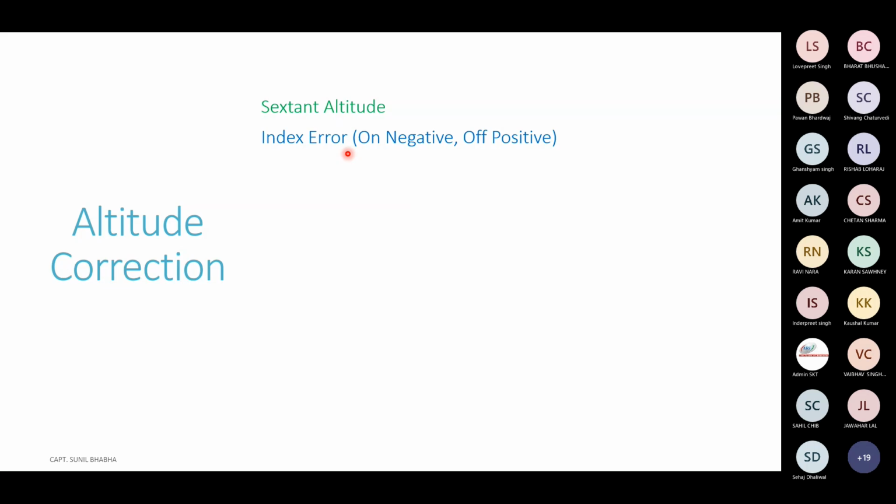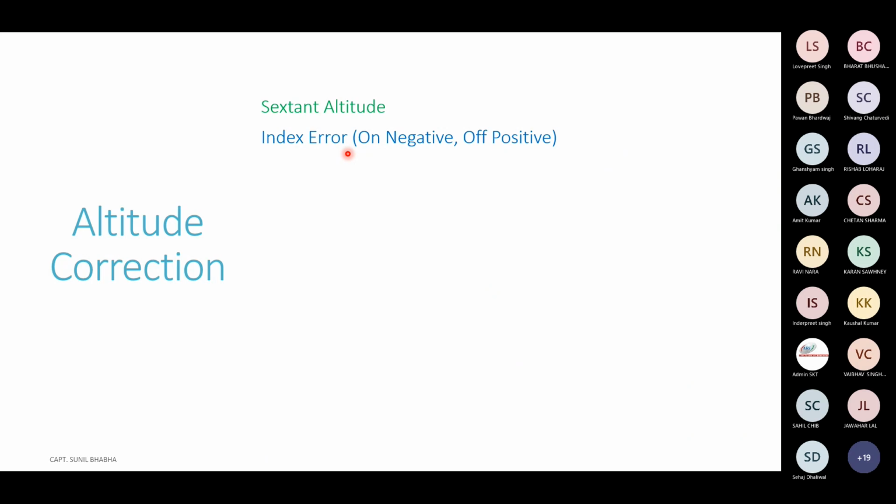There are a lot of moving parts in the sextant, and because of those moving parts, there is a chance that they may be disturbed from their original locations, giving rise to some errors. These errors are basically the errors of the instrument. So this instrument error of the sextant is known as the index error.